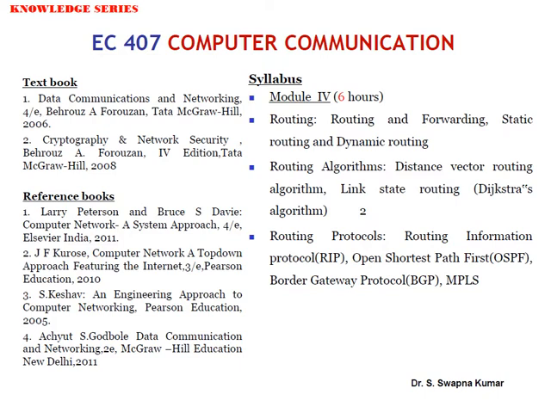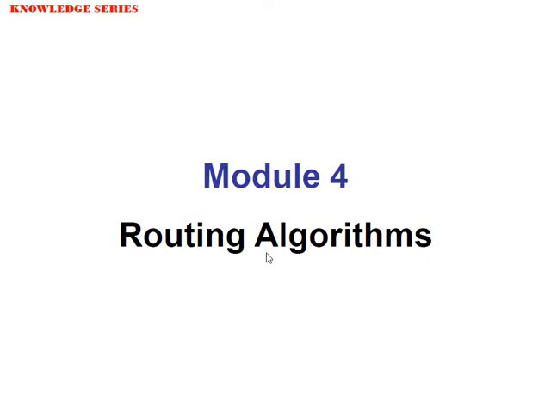Here under the course EC407 Computer Communication, we are going to discuss the area of routing algorithms. As we have gone through in my earlier video series, I have discussed routing.